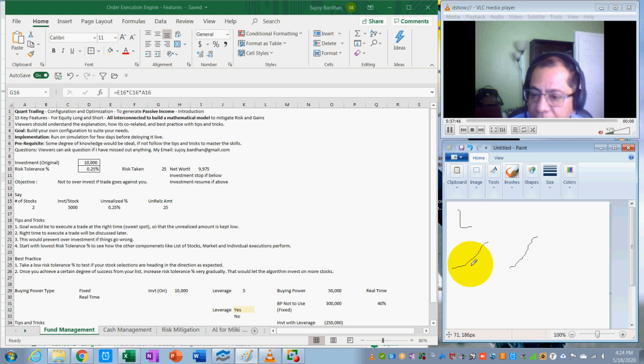Say for example, your cost was somewhere here. As an example, you're heading north. So this is your territory of profit. So your unrealized profit in that case will be in the positive zone.